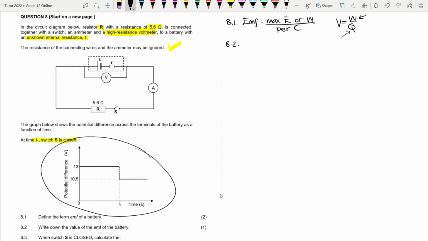What about the information itself, the numbers? So from what I can understand, the graph starts at 13 volts. So I think we can assume that to be our EMF. And then it moves down to 10.5 volts at t1.